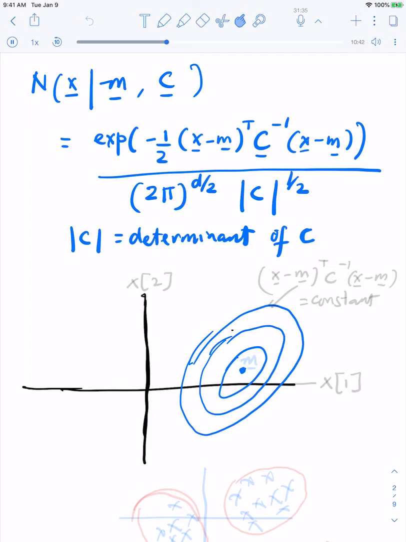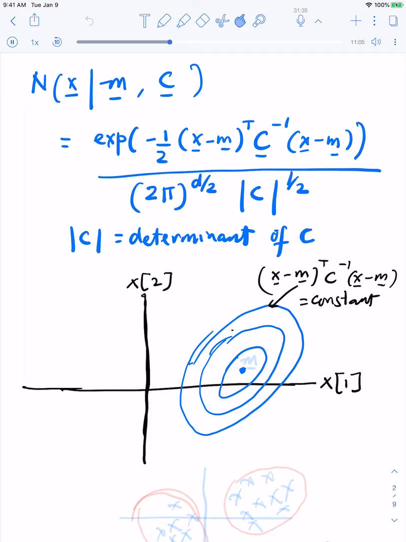So the contours of a Gaussian random vector are elliptical, because what they correspond to, if you look at the Gaussian density out here, the density will be constant if x minus m transpose C inverse x minus m is a constant. So that is basically the equation of an ellipse, right?